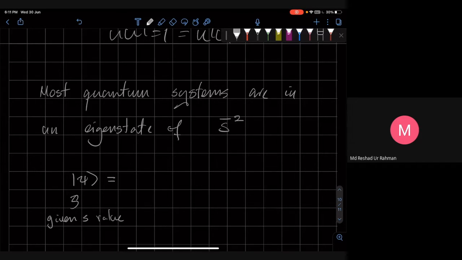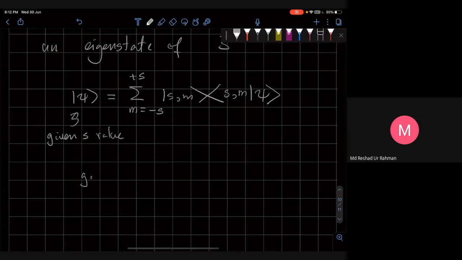So we can now express this in terms of the eigenstates. Okay, so I'm just using the decomposition of an identity because for a given S, my identity operator on the spin degrees of freedom is just the sum over m from minus s to plus s of |s,m><s,m|.